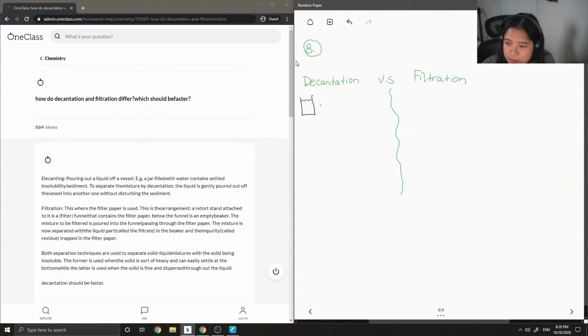So I'm no artist, but I'm just gonna try to draw out what decantation looks like.